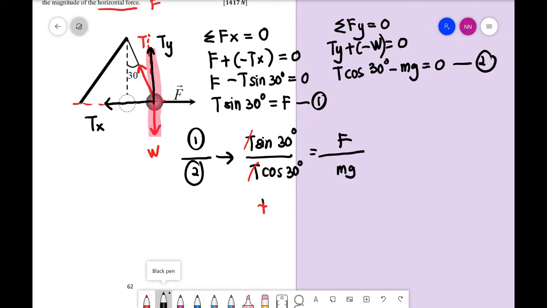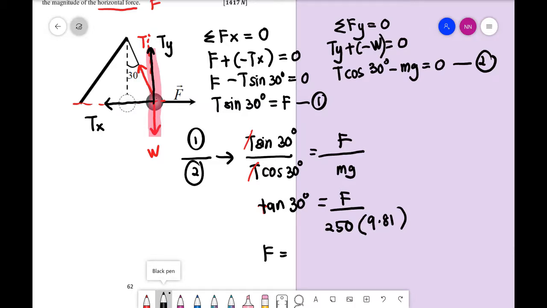Okay, so tangent 30 degree equals to F over mg, where m is 250 kilogram. Mass m must be in unit kilogram. Okay, and then g is 9.81. Now we can have value of F.